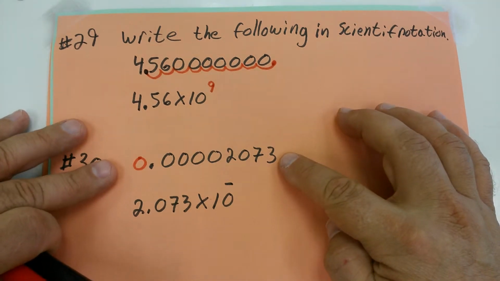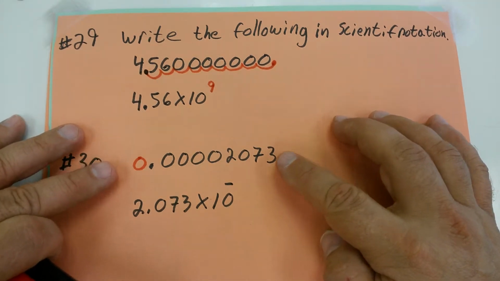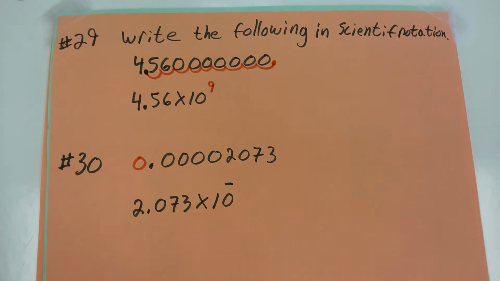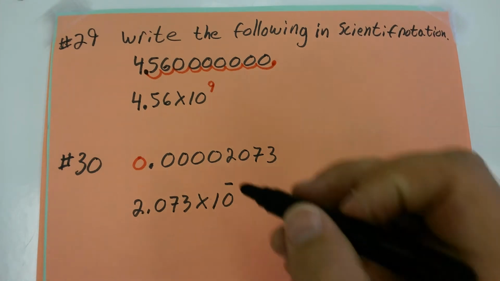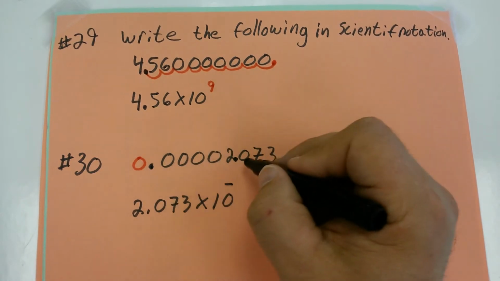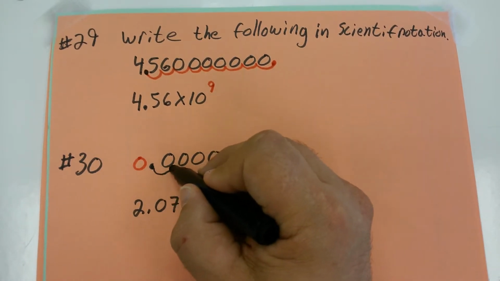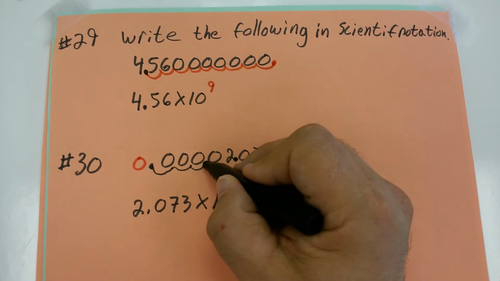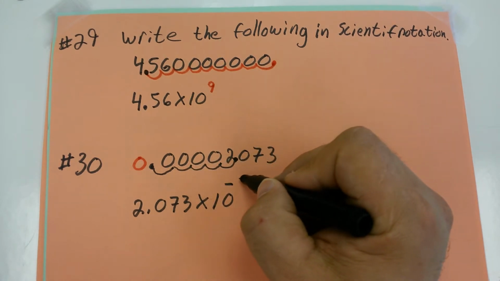Not a negative number, a small number gives you a negative exponent. The deal is I move the decimal from this spot to this spot, which is 1, 2, 3, 4, 5.